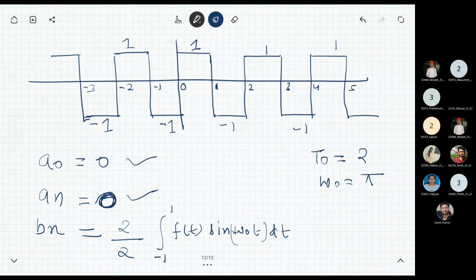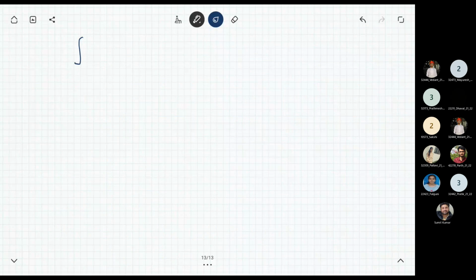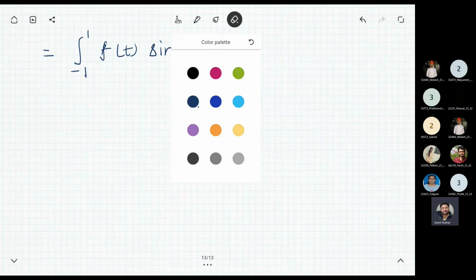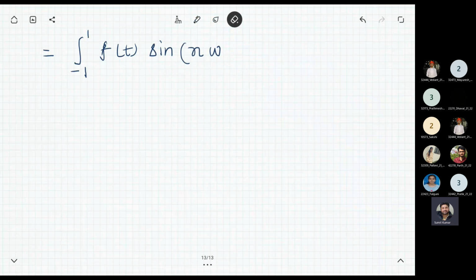So let me just do this. Basically f(t) sin n omega naught t. So n omega naught is equal to pi, so let me just write pi only: sin n pi t.